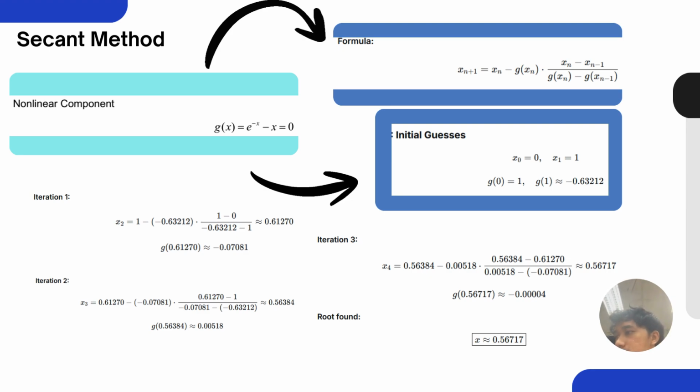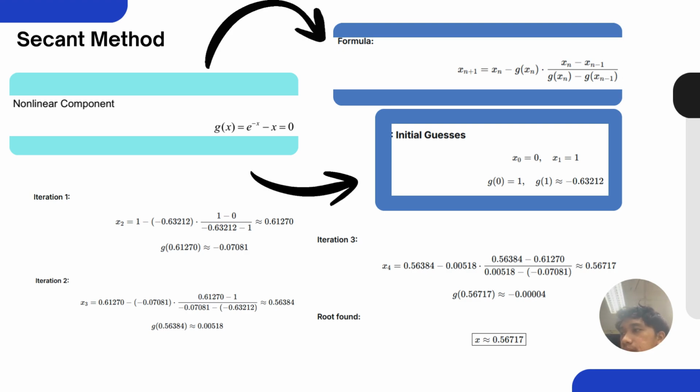So we start with two initial guesses, which are 0 and 1, and then we evaluate g. We get g(0) is equal to 1, and g(1) is equal to negative 0.63212. Since the signs are different, the root lies between them.